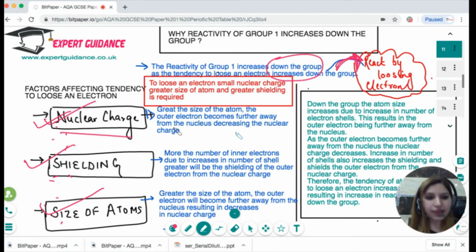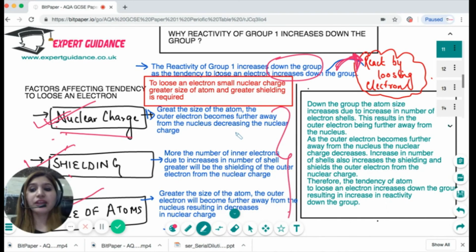The inner electrons shield the outer electron from whatever nuclear charge is present, and the bigger size of the atom also decreases the nuclear attraction. So due to all these factors, down the group the tendency to lose an electron increases, and alkali metals react by losing an electron. Therefore, the reactivity of group 1 increases down the group.